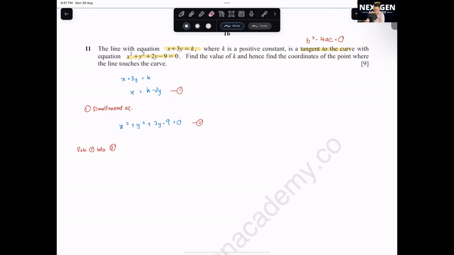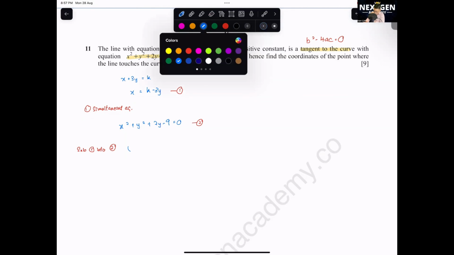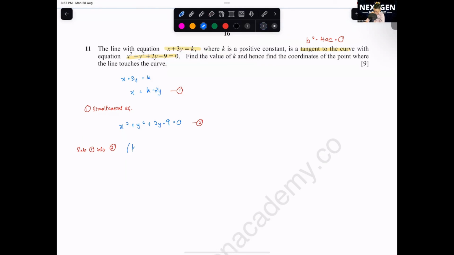So here you get k minus 3y, squared, plus y squared plus 2y minus 9 equals 0.